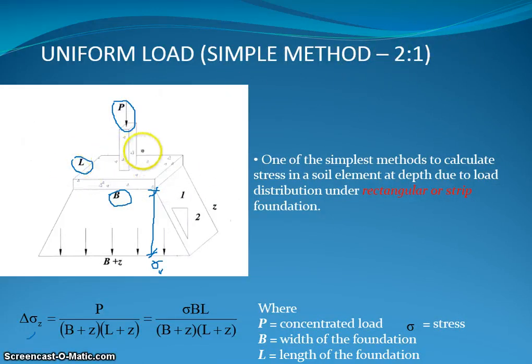We can see here a rectangular footing. It has a B value and also an L value, with a depth of Z. We are interested to know, at Z location, how much the vertical stress at Z is.